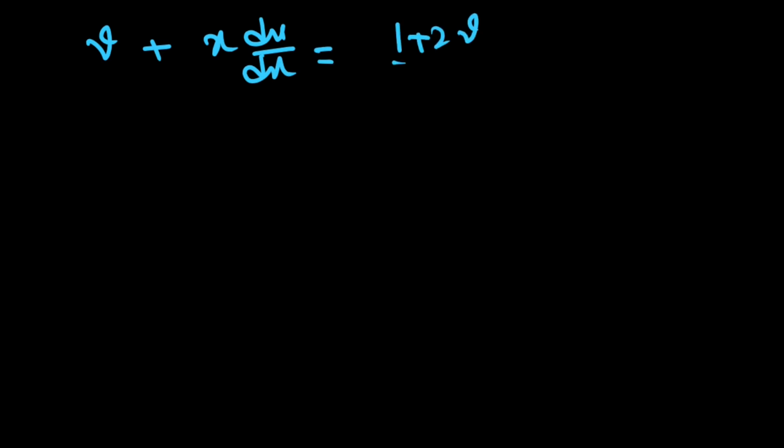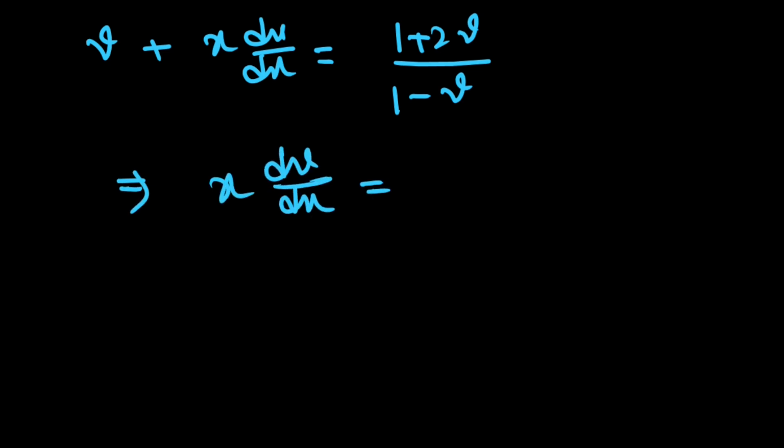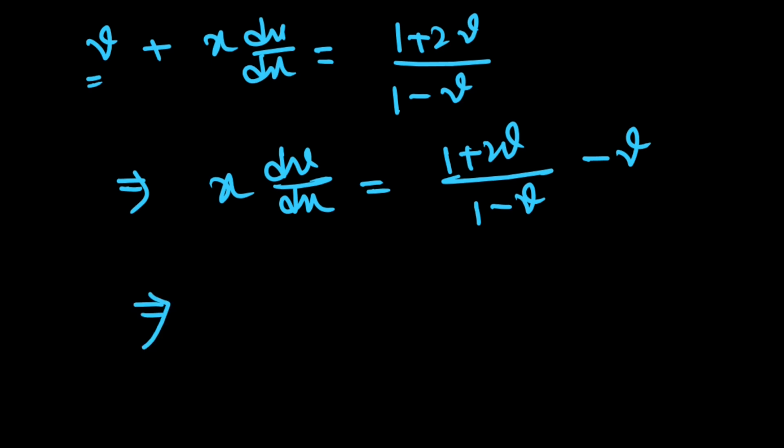So we got v plus x dv dx is equal to (1 plus 2v) over (1 minus v). So this implies x dv dx is equal to (1 plus 2v) over (1 minus v) minus v. Taking this v to the right hand side, that is minus v.